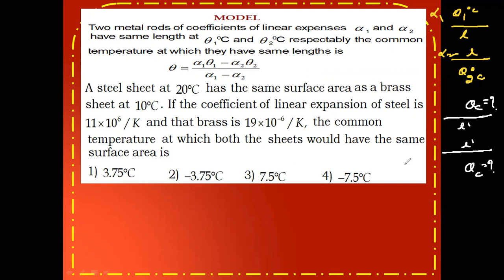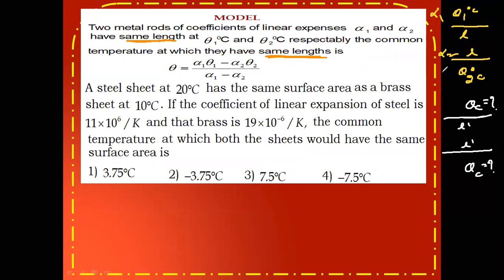So if you observe this data, whatever the change in length of the first rod and the change in length of the second rod, both are one and the same only. So what is the condition for this? The same length. Once again, initially also the same length, maybe the same area, maybe the same volume. If they gave area instead of alpha, you can take beta. If they gave volume instead of beta, you can take gamma.